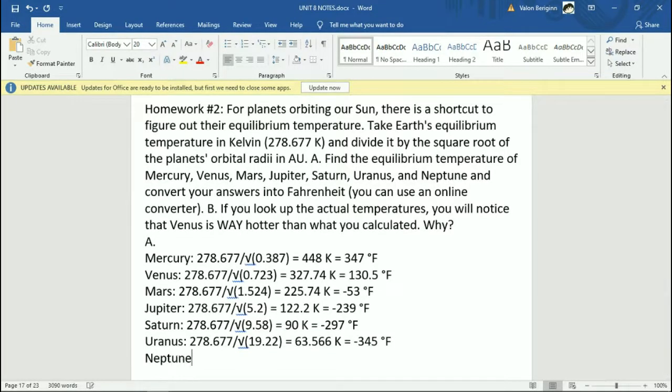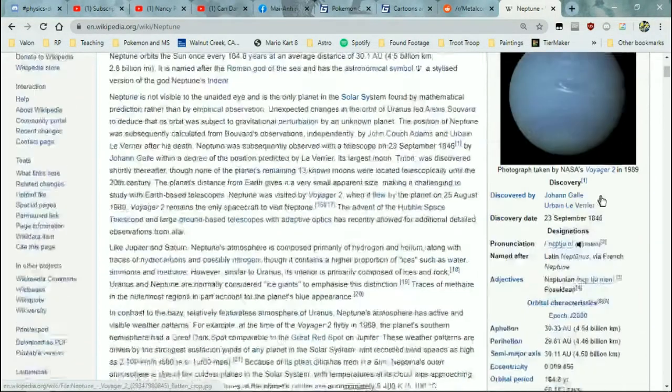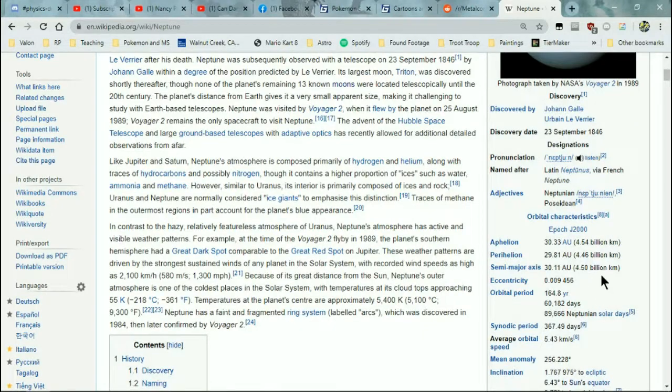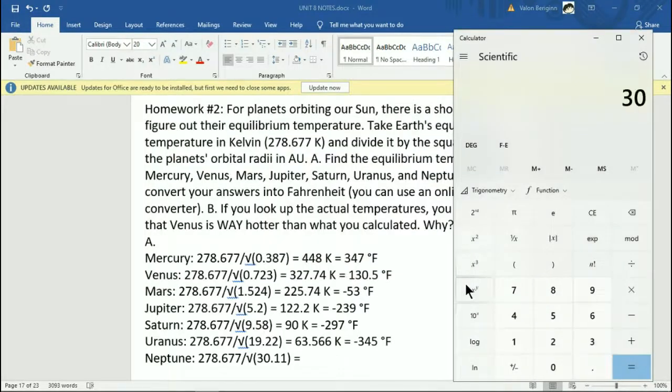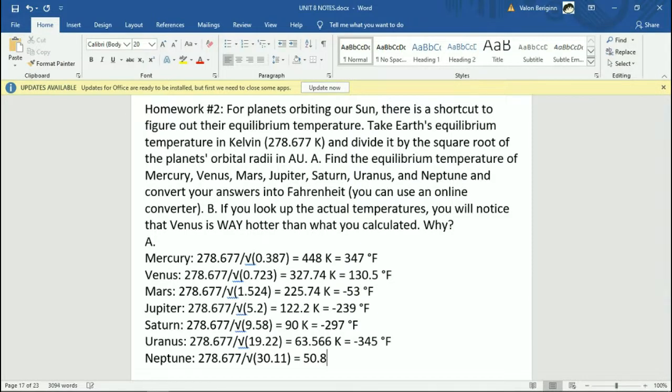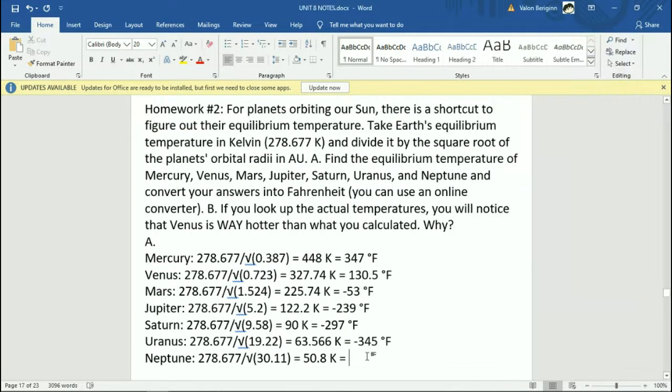And lastly, Neptune's like 30.11. Yeah, okay. 30.11 square root. 50.8. Negative 368.